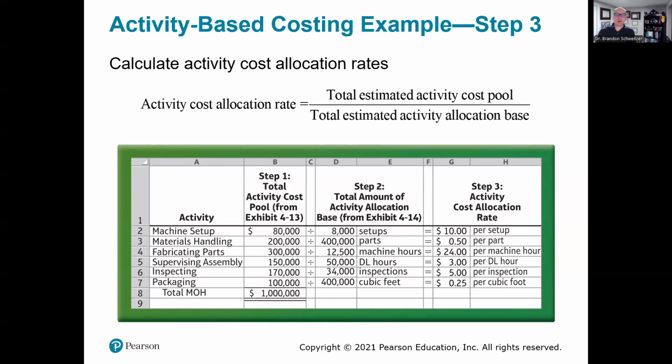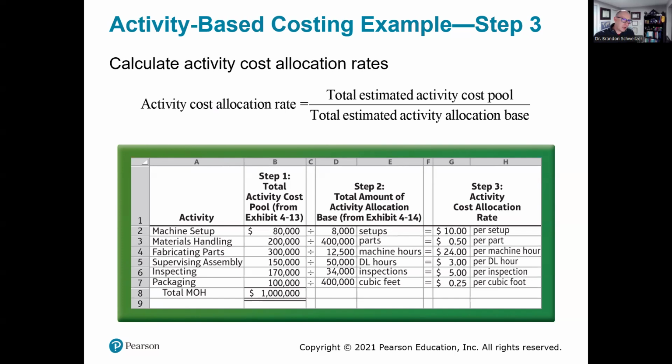So the third step is we find our activity cost allocation rate by taking our total estimated activity cost pool divided by the total estimated activity allocation base. So we'll go right down the line, and in other words, we're taking the amount from step one and we're dividing it by the amount from step two. And that'll give us the activity cost allocation rate for each activity.